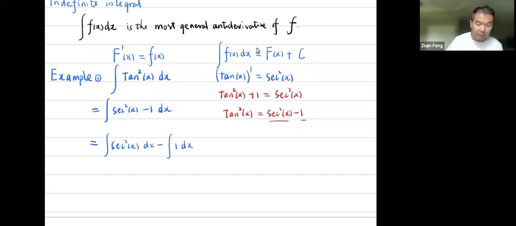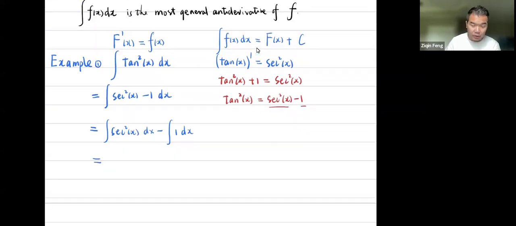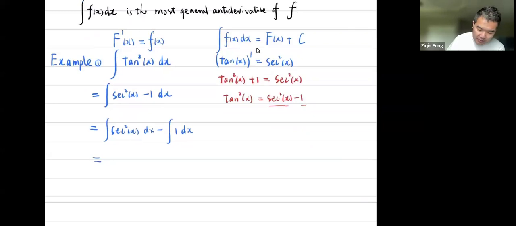These are both elementary functions. We know their antiderivative. So this is tangent of x minus x. So this is a particular antiderivative. To make it the most general one, you add a constant in the end, right? This is basically how we figure out the most general antiderivative of a given function.